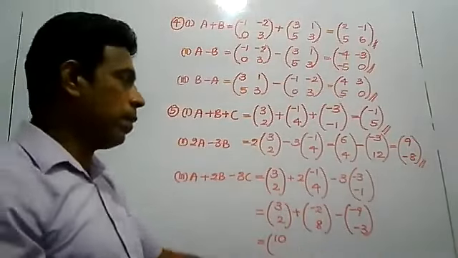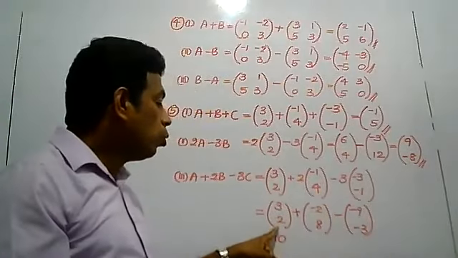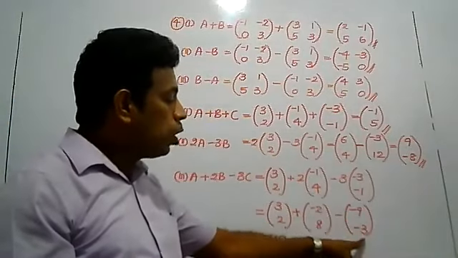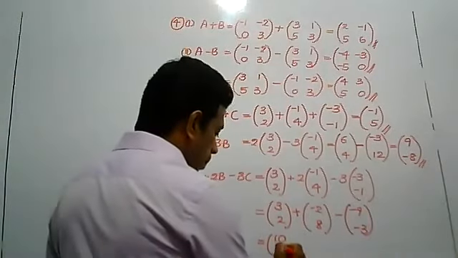Check your answers. If you have done it correctly, then good, you have learned it well. Then 2 plus 8 is 10, 10 minus minus 3 is 10 plus 3, 13.